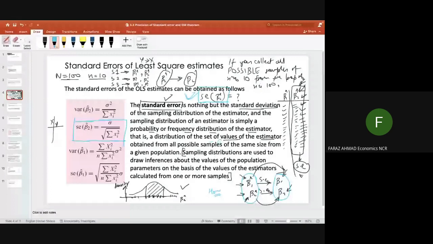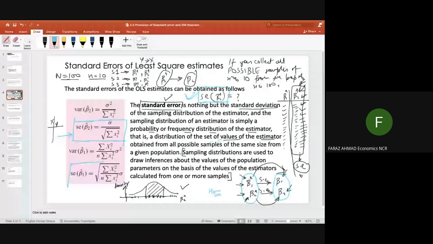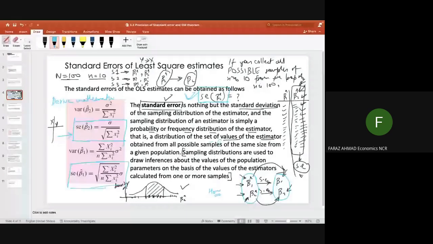So first things first, how do we calculate standard error beta 2 hat with this formula, right? And how do you calculate standard error beta 1 hat using this formula, right? Now, from where did we get these formulas? So we need to derive mathematically these two formulas, standard error beta 2 hat, standard error beta 1 hat, right?